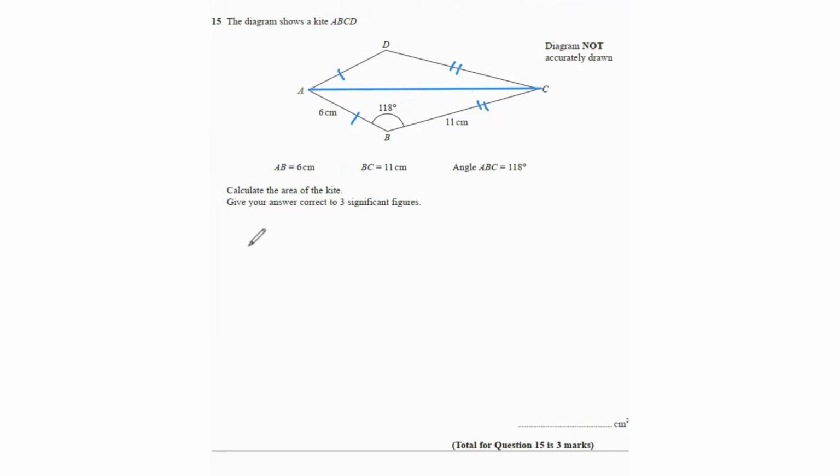So we find the area of the triangle ABC and times it by 2, we get the area of the kite. So for the area of the triangle ABC, we use the formula 1 over 2 times AB times sine of angle C. This formula is used whenever you have a non-right angle triangle, and this formula is also given in the formula sheet. So when you have two lengths and the angle between them, you can easily apply this formula.